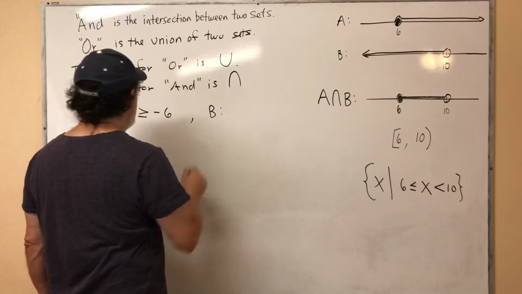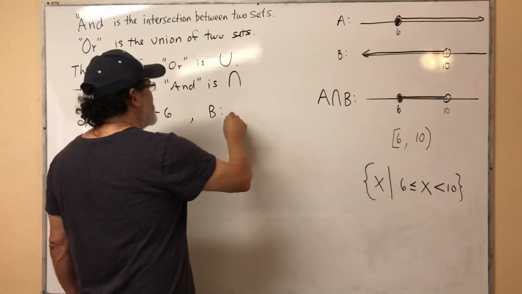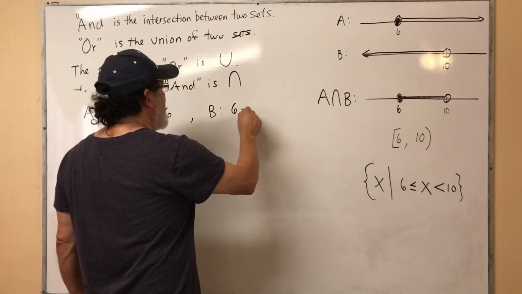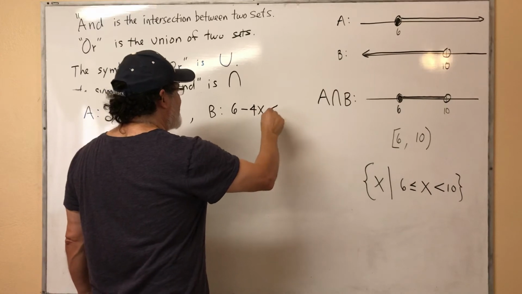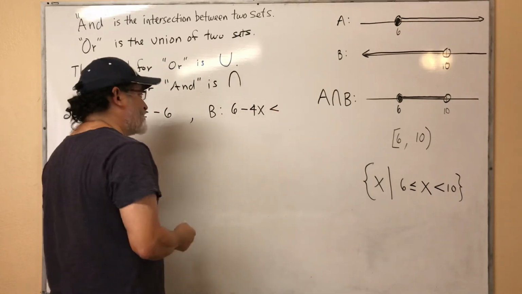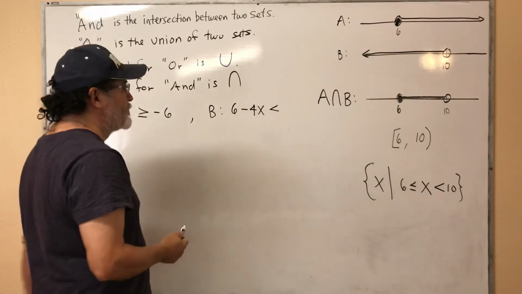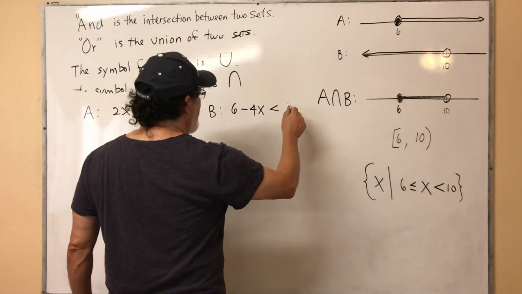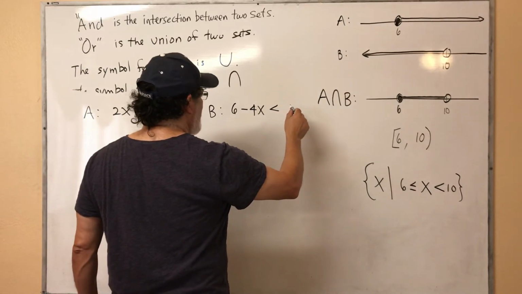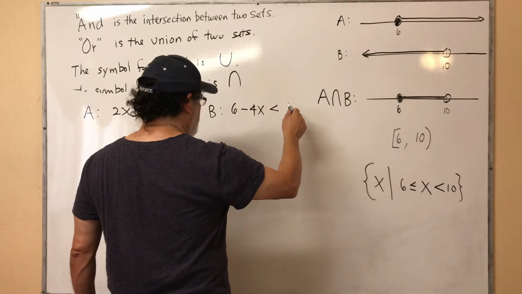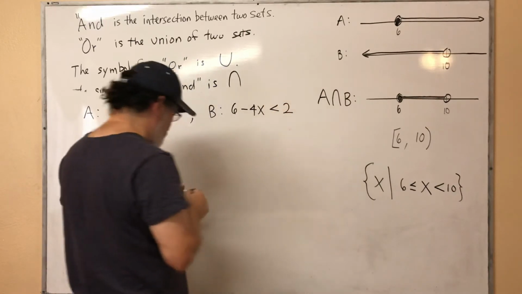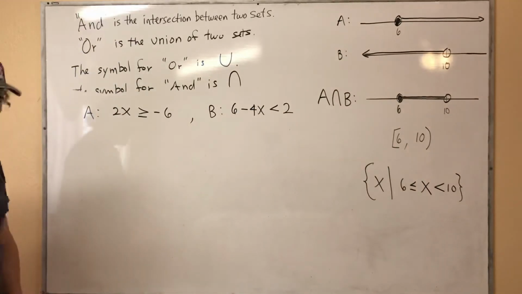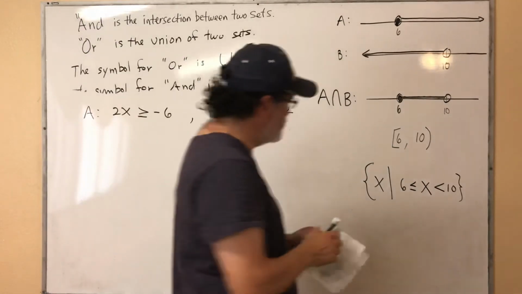B is 6 minus 4x less than 2. There you go.